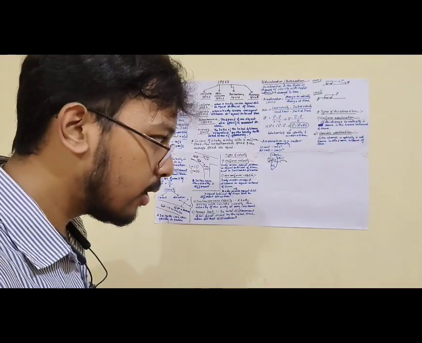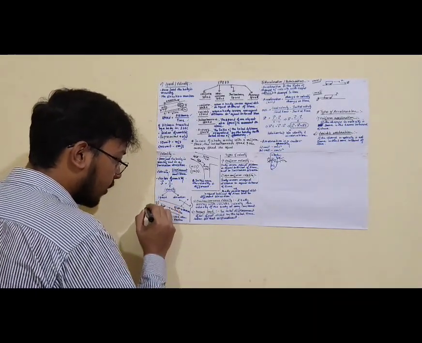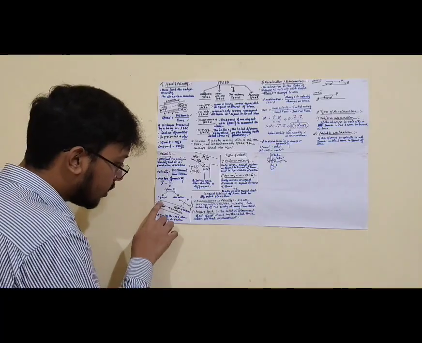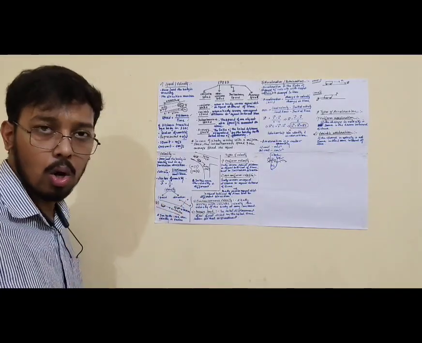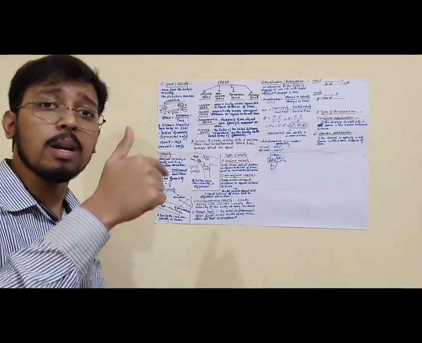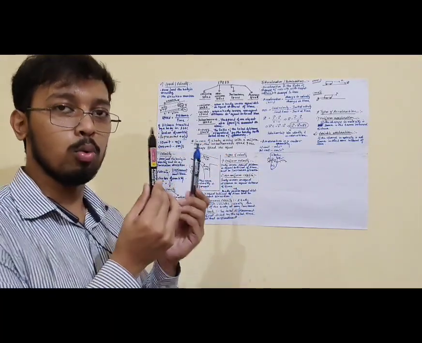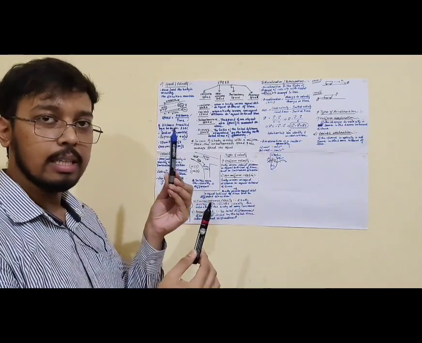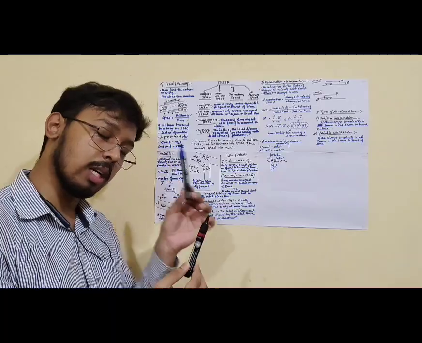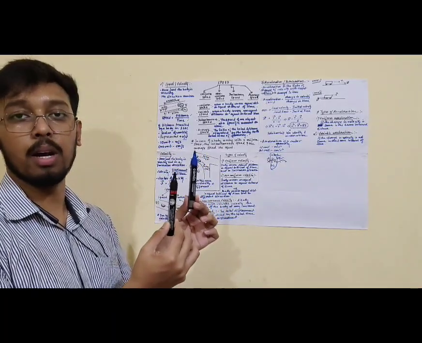Now let me say two cases. Case number 1. Consider two cars moving on a road with the same velocity, 30 km per hour, in the same direction. Car A is having a speed of 30 km per hour and car B is also having a speed of 30 km per hour.